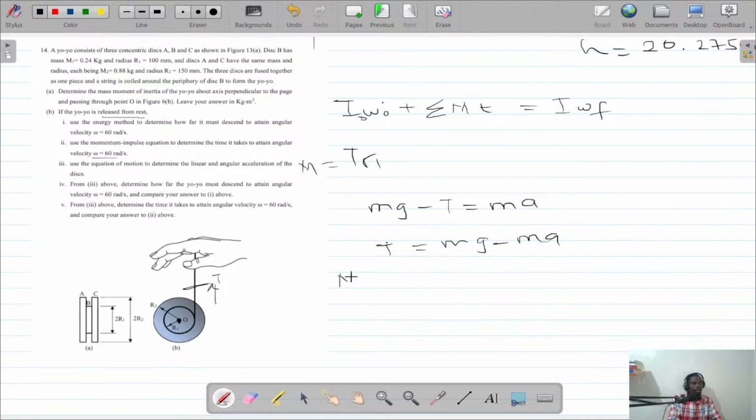That means the sum of moments should be equal to (mg minus ma) times r1. Now ma is mass and acceleration, which is the tangential acceleration, and tangential acceleration is equal to the angular acceleration times r.